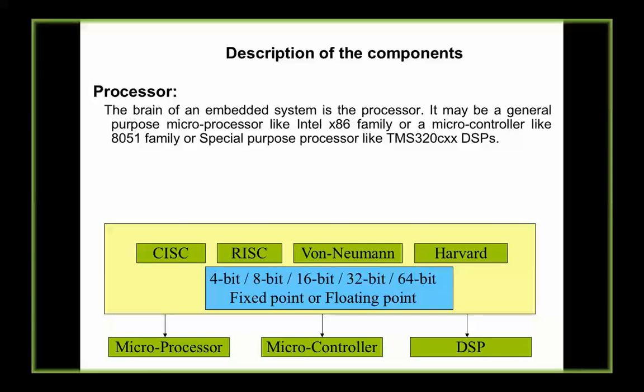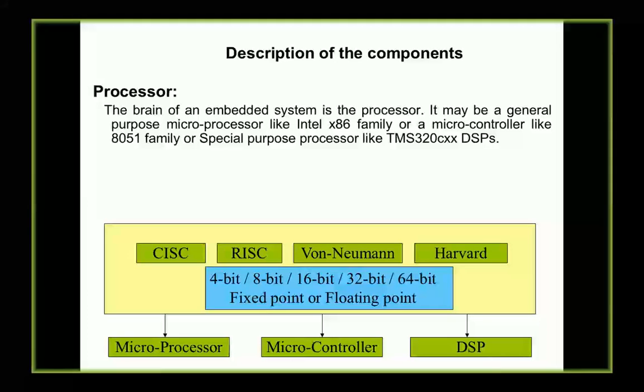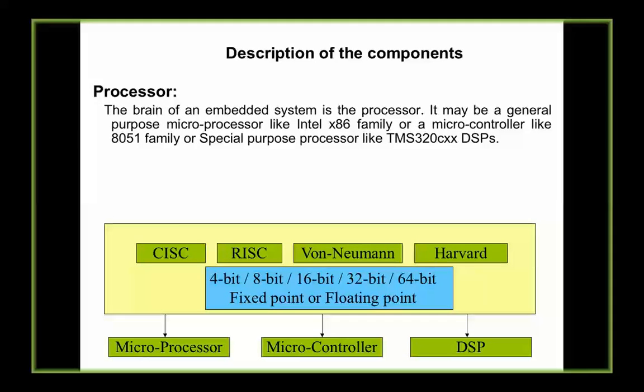In CISC, we use heavy pipelining mechanism in order to achieve parallelism. So these are two different approaches by which a CPU is designed. And it can be a microprocessor or a controller which can have everything on it. So can you think of why would you prefer microcontroller over microprocessor and vice versa, or a DSP and so on? Can you?